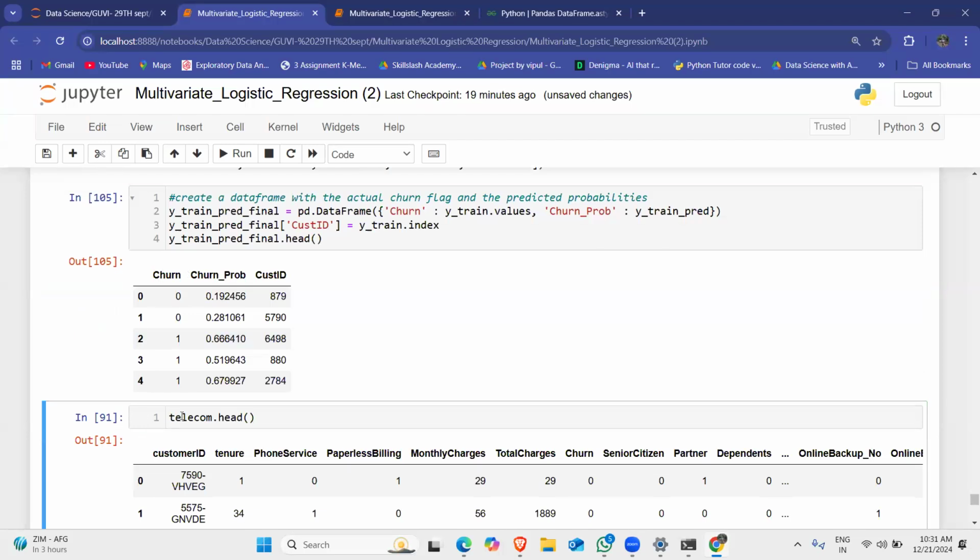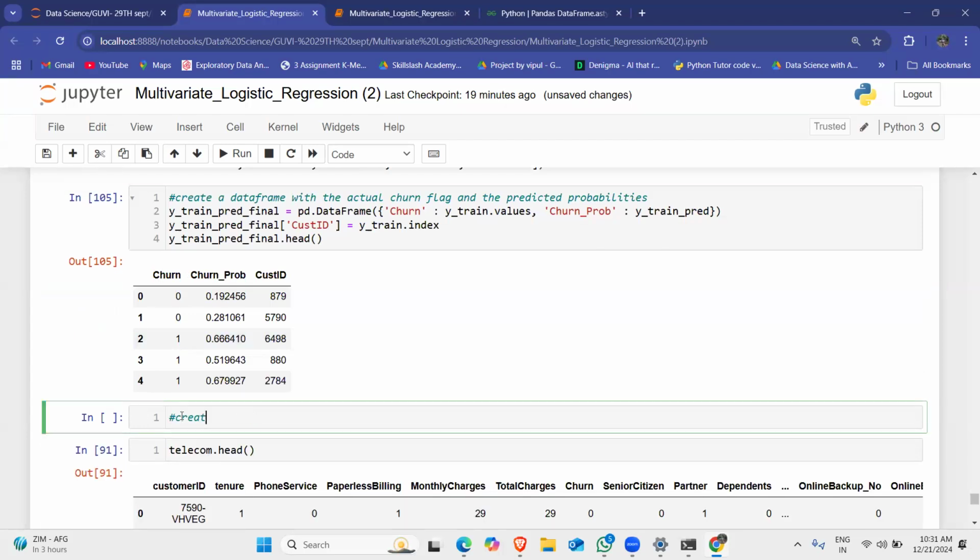Then we'll create a new column, that is predicted, with 1 if Churn_Probability is greater than 0.5, else we'll write 0.